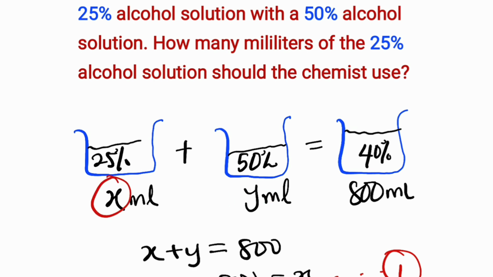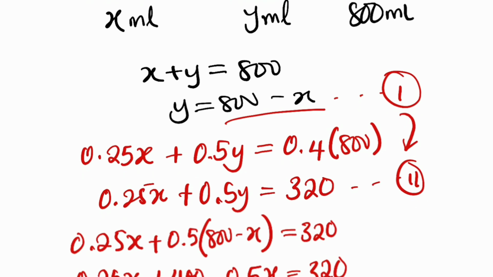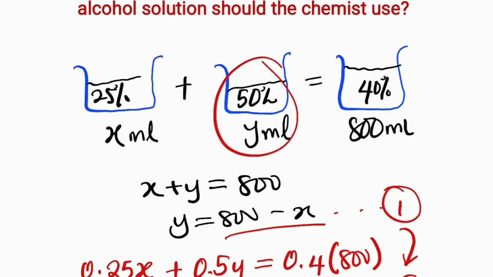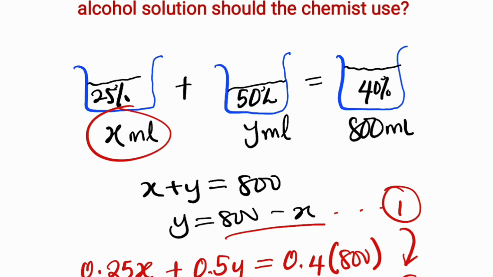But we are only interested in this. If you want to find y, you have an equation for that. Just say 800 minus 320. That will give us the quantity of 50% alcohol solution to be added to this 320 to get 800 ml of 40% alcohol.